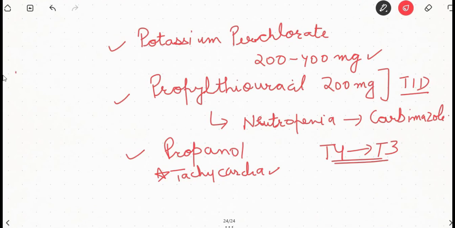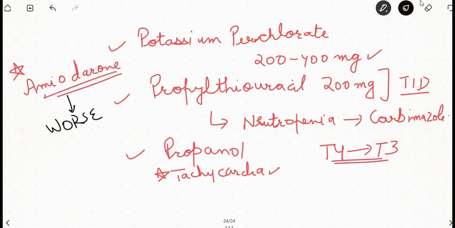Remember, the iodine containing antiarrhythmic drug amiodarone may worsen the thyrotoxicosis. So which is the safest drug in pregnancy?